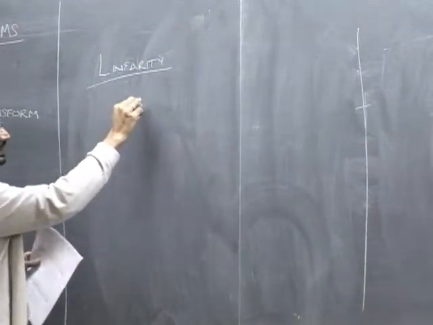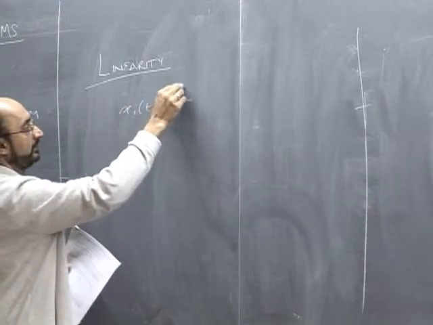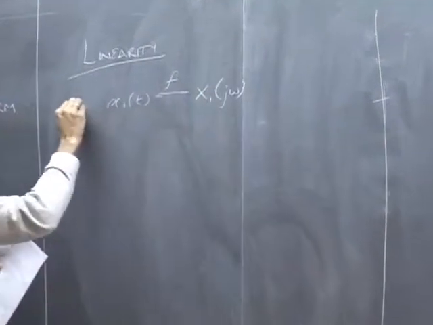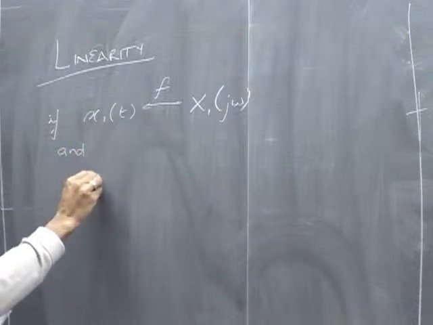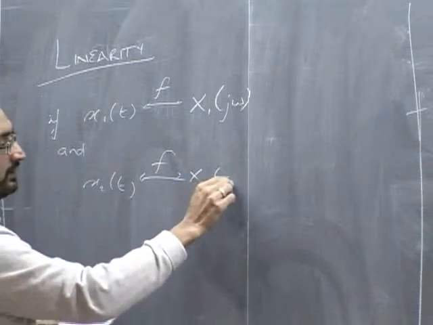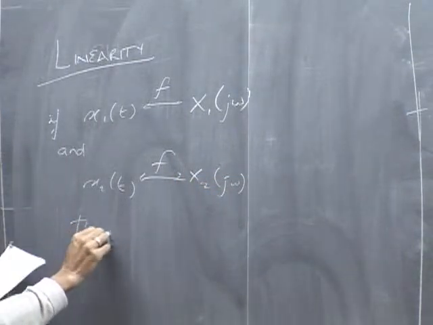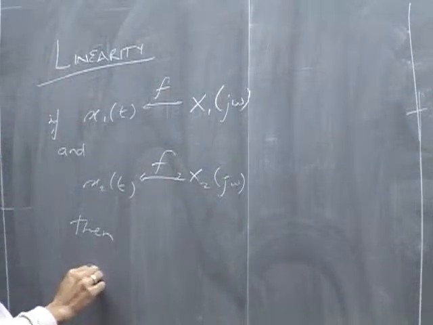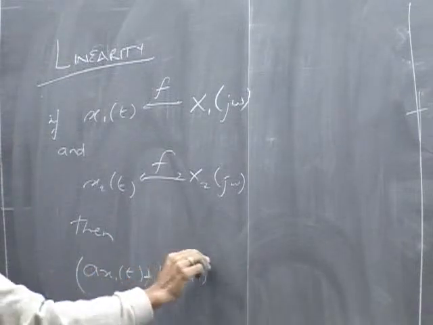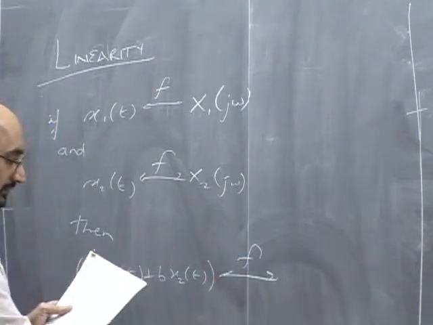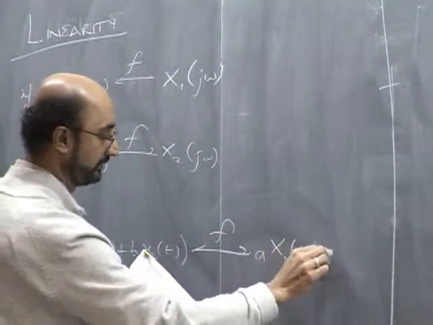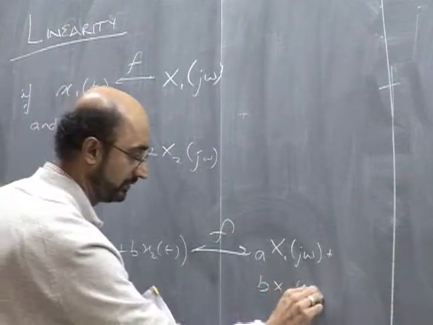So we say that if x1 of t has a Fourier transform of x1 of j omega, and x2 of t has a Fourier transform x2 of j omega, then a x1 of t plus b x2 of t, this whole thing, has a Fourier transform of a x1 of j omega plus b x2 of j omega.